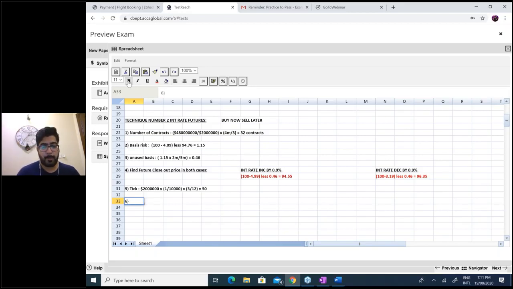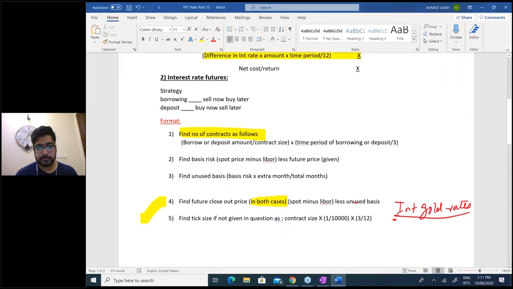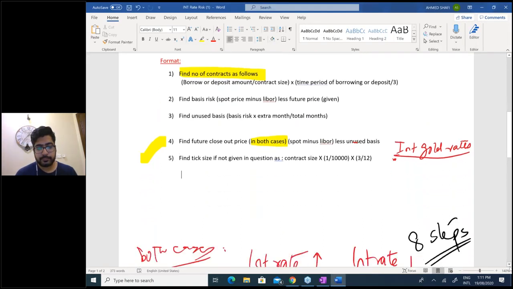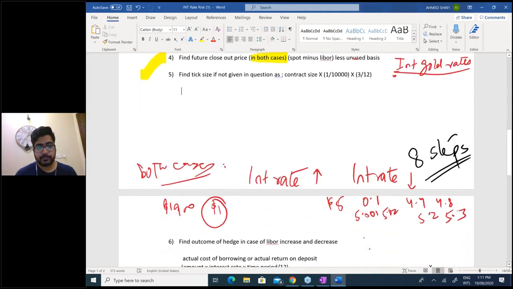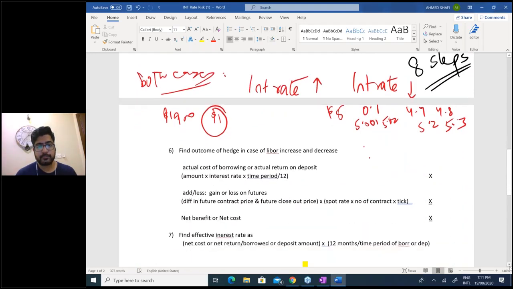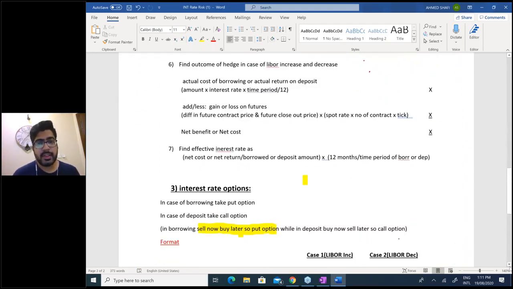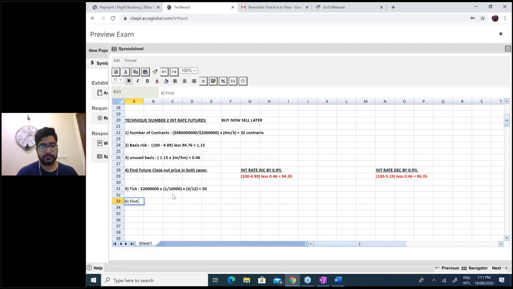Second last step. It states: find the outcome of the hedge in case of LIBOR increase and decrease. LIBOR is the interbank rate.